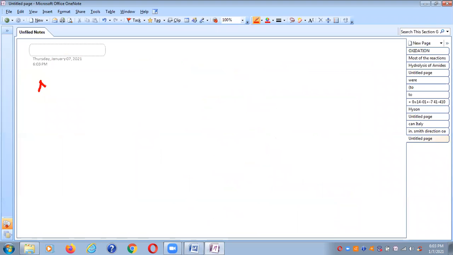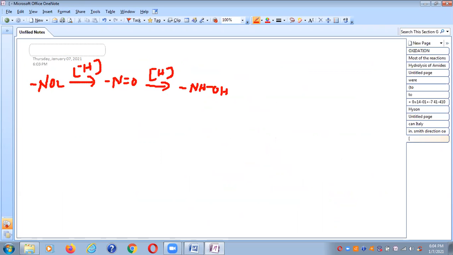So first, in reduction, this NO2 group converts into the nitroso group. And reduction means what? Addition of hydrogen or removal of water. Further on reduction, this nitroso group will be converted into oxime, and further this oxime will be converted into azo, and on further reduction it will be converted into this.